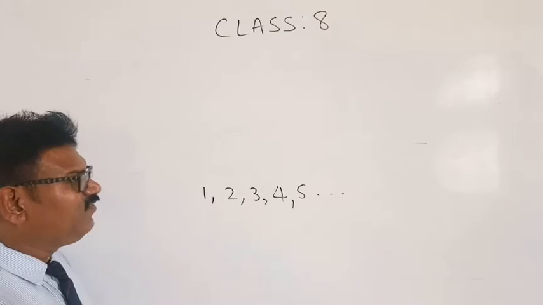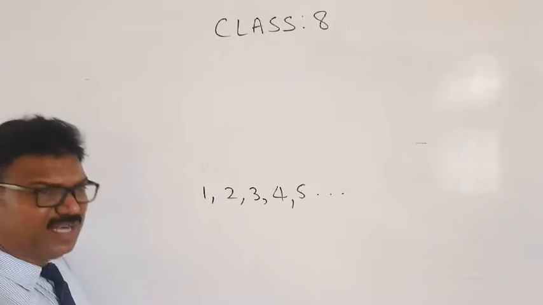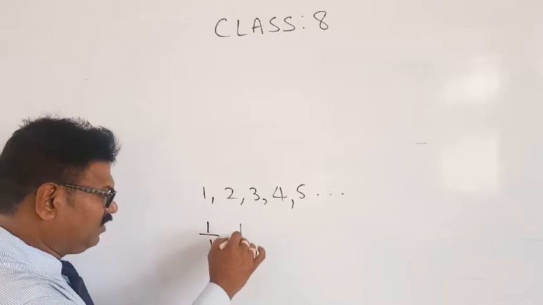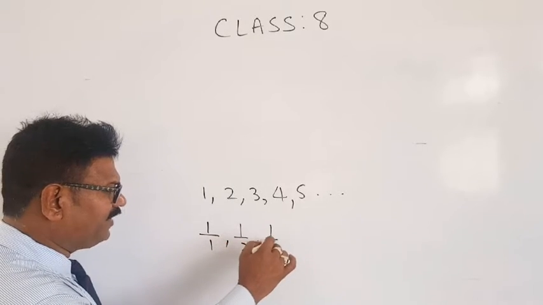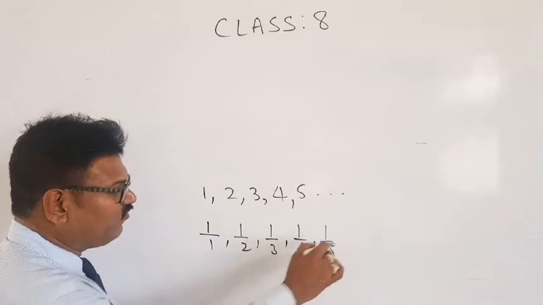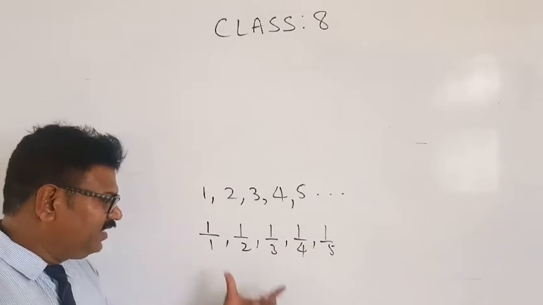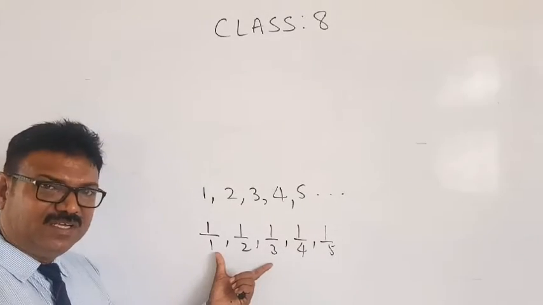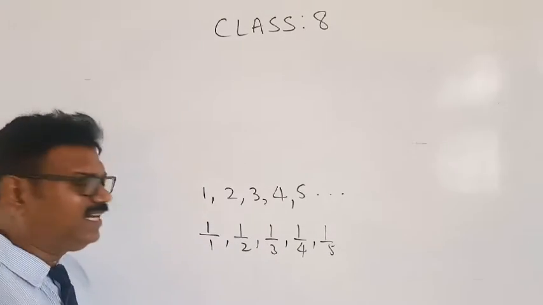We will see whether they have reciprocals or not. Reciprocal means what? 1 by 1, 1 by 2, 1 by 3, 1 by 4, 1 by 5. These numbers only are there. There are still many more numbers.